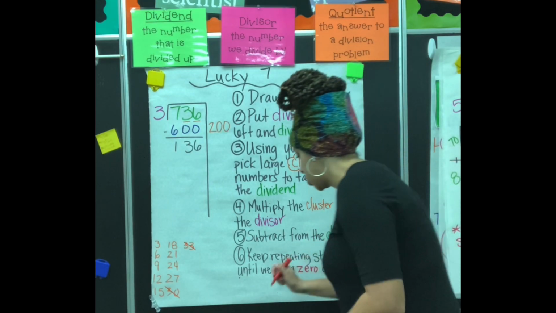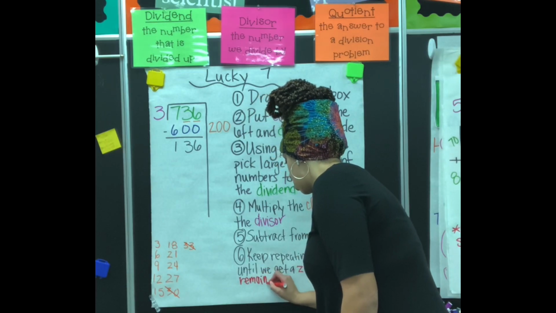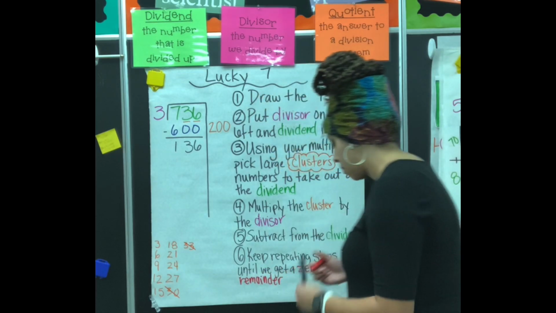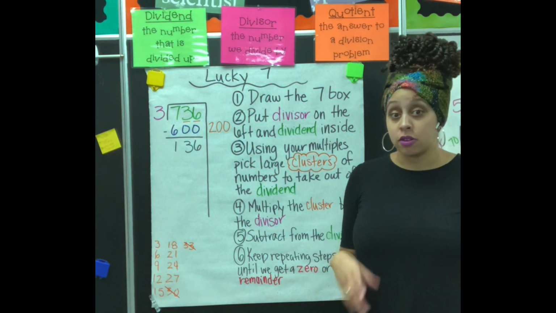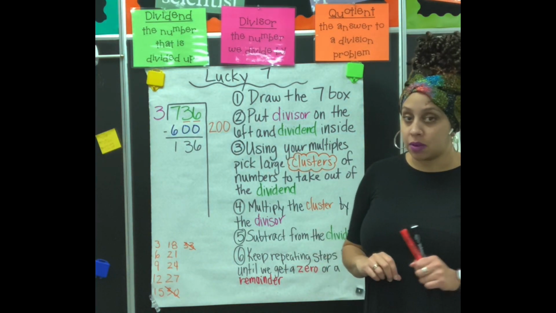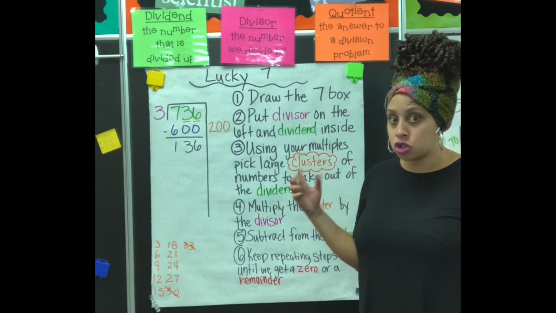And a remainder is a number that is smaller than our divisor. So if our remainder is bigger than our divisor, we didn't do something right. Well, right now, 136 is way larger than our divisor.